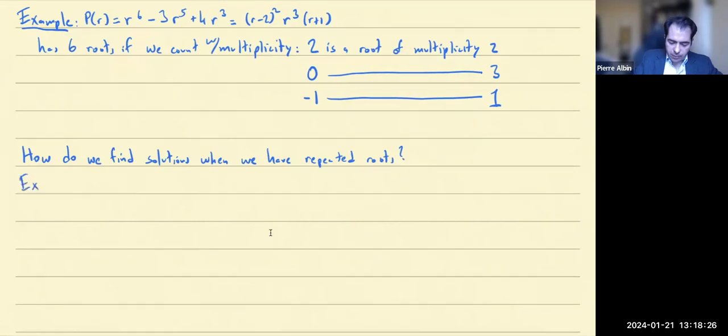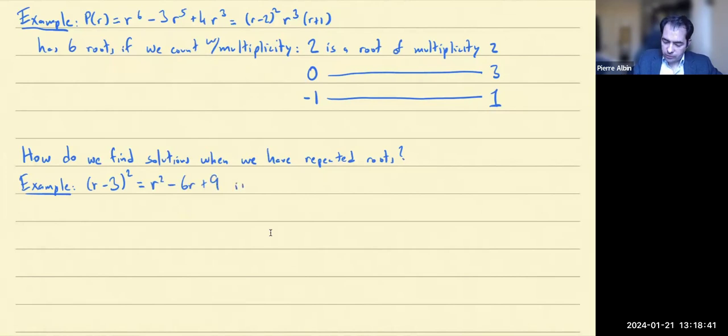Let's take an example. Let's start with the polynomial r minus 3 squared, that's r squared minus 6r plus 9.